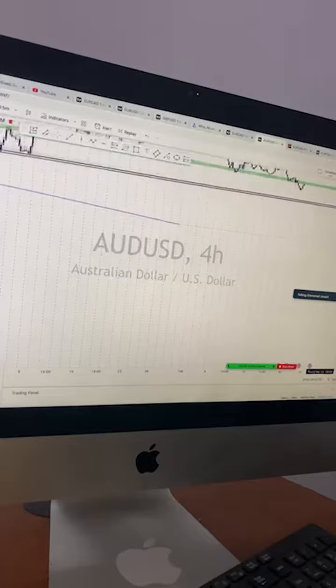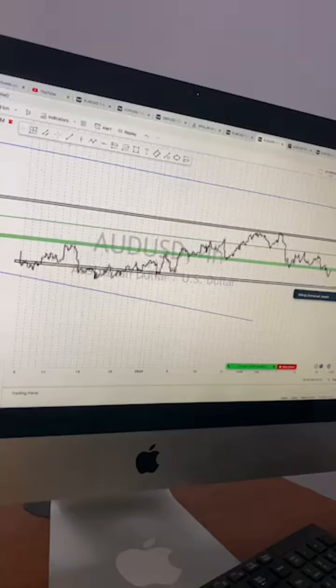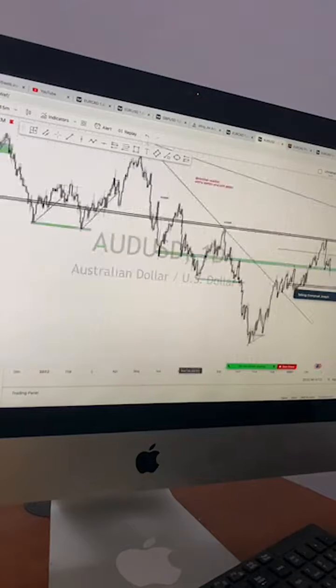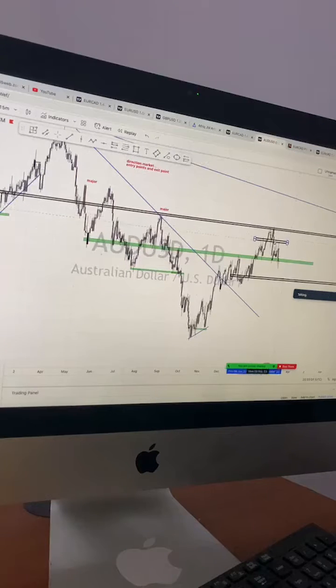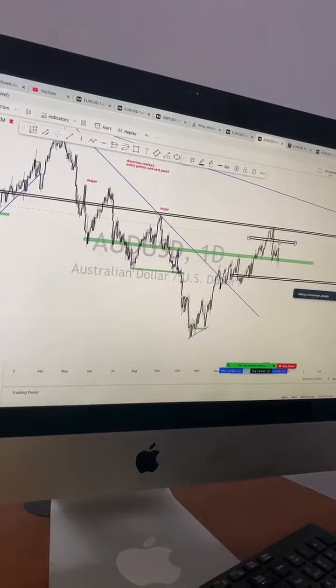If you look at daily, let me see if I can draw something like this. Can you see? It looks a bit like a head and shoulder, just a little bit. This is like the head with a double top, shoulder, shoulder. Can you see?